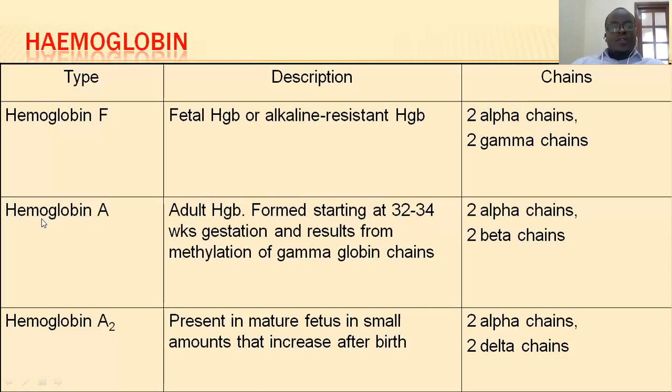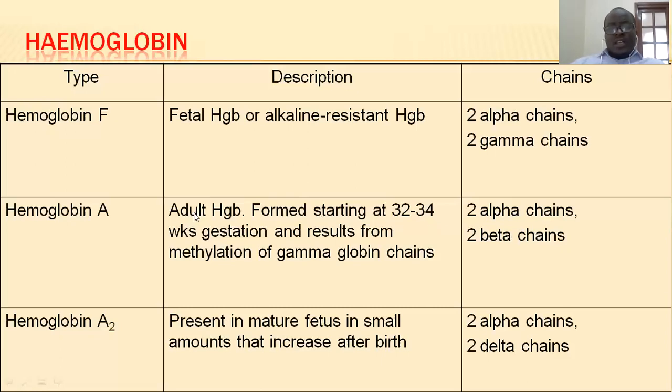Then you have adult hemoglobin, the one that I've already explained. The difference between fetal hemoglobin and adult hemoglobin is in one pair of polypeptide chains. In fetal hemoglobin, you have two alpha and two gamma chains, but in adult hemoglobin, you have two alpha chains and two beta chains.